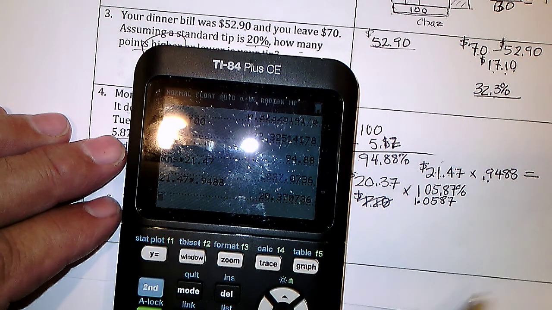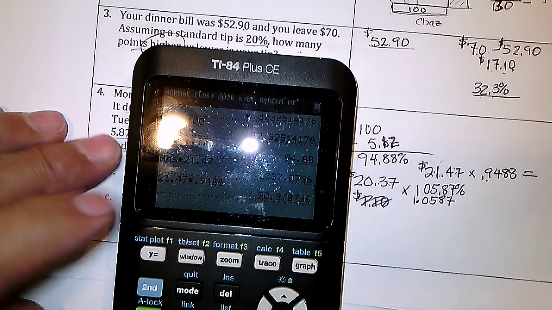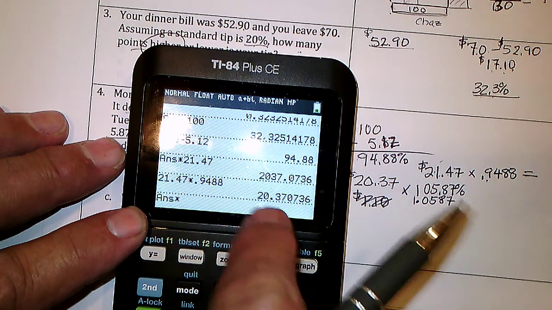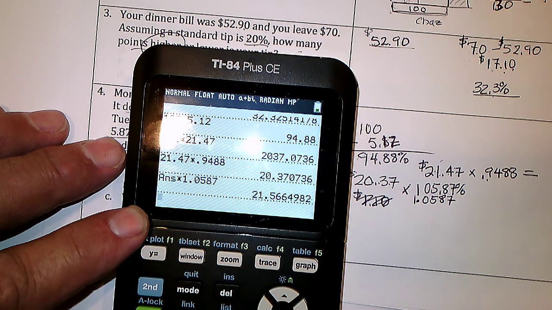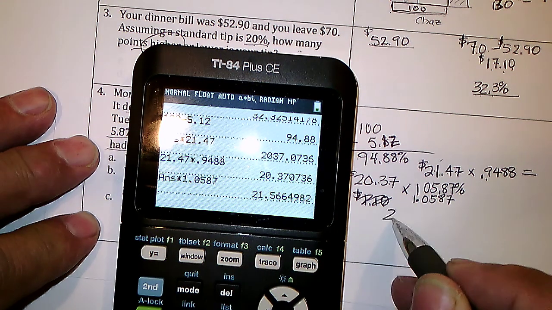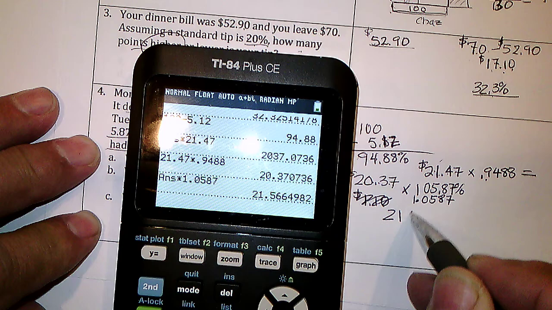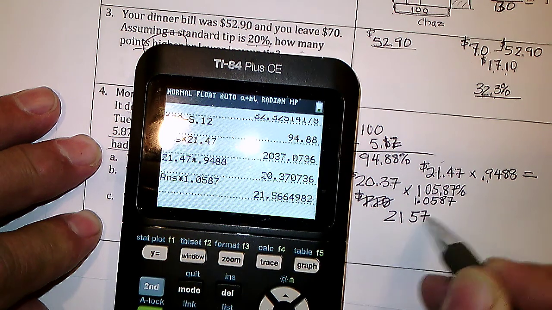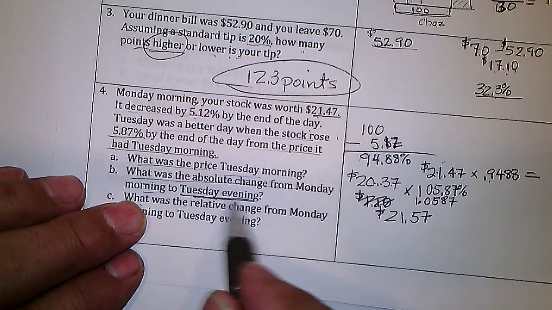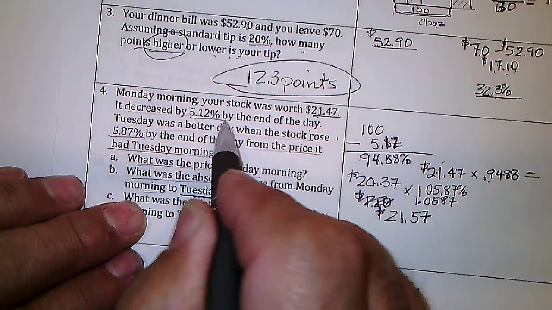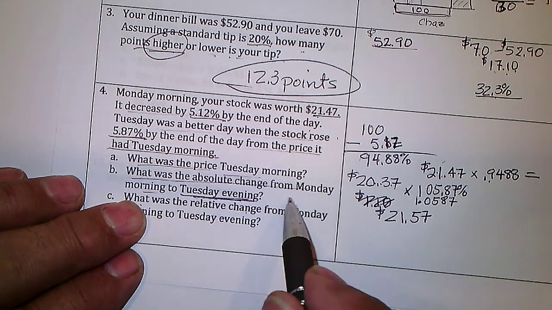I'll keep all the digits here and take all that times 1.0587. It's now $21.57 on Tuesday evening. So from Monday it went down, and then Tuesday it went back up.